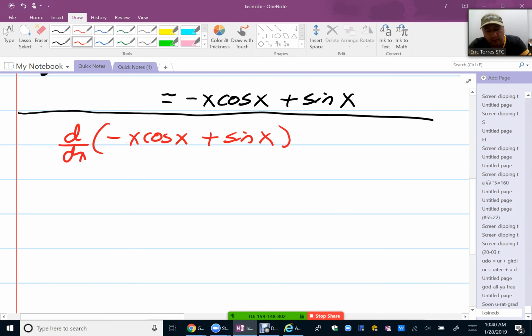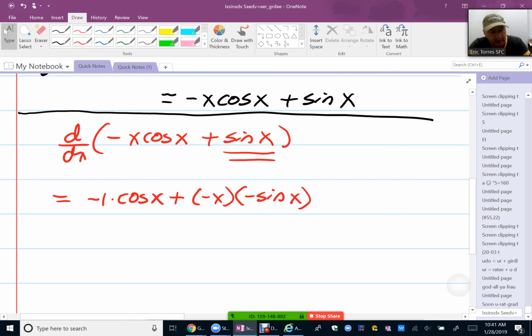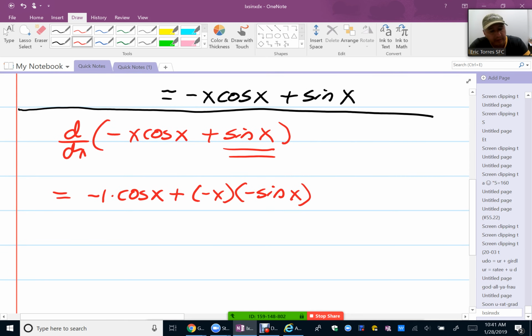So using the product rule, this is going to equal the derivative of the first times the second plus the first times the derivative of the second, and the derivative of cosine is negative sine. And now we're back to this part, plus the derivative of the sine of x, which is cosine of x. Okay, so I end up with negative cosine of x.